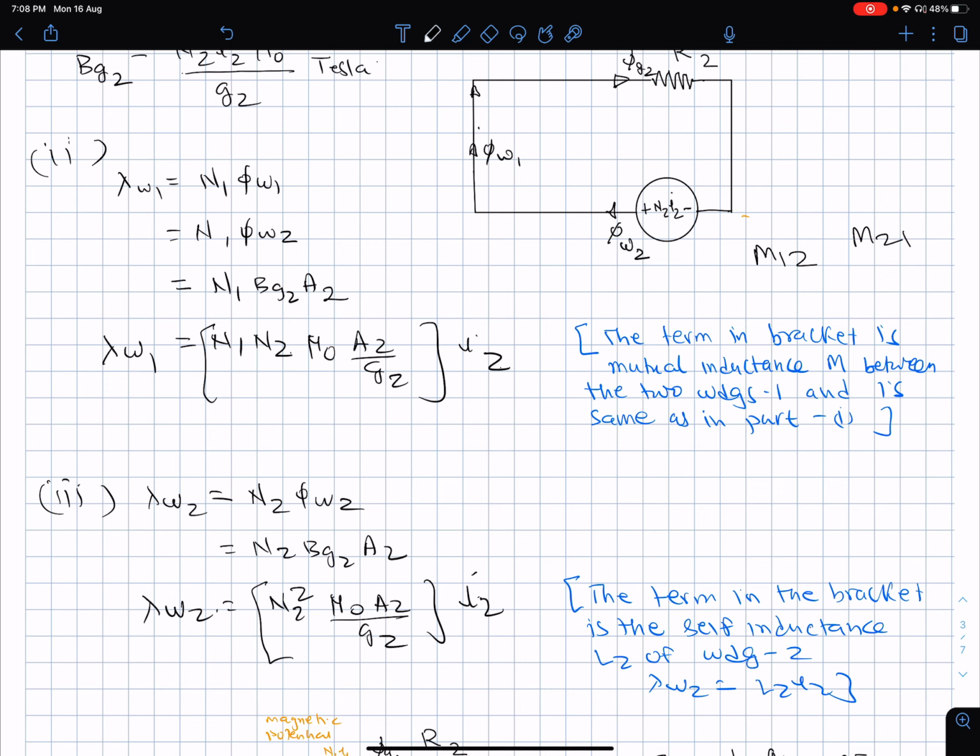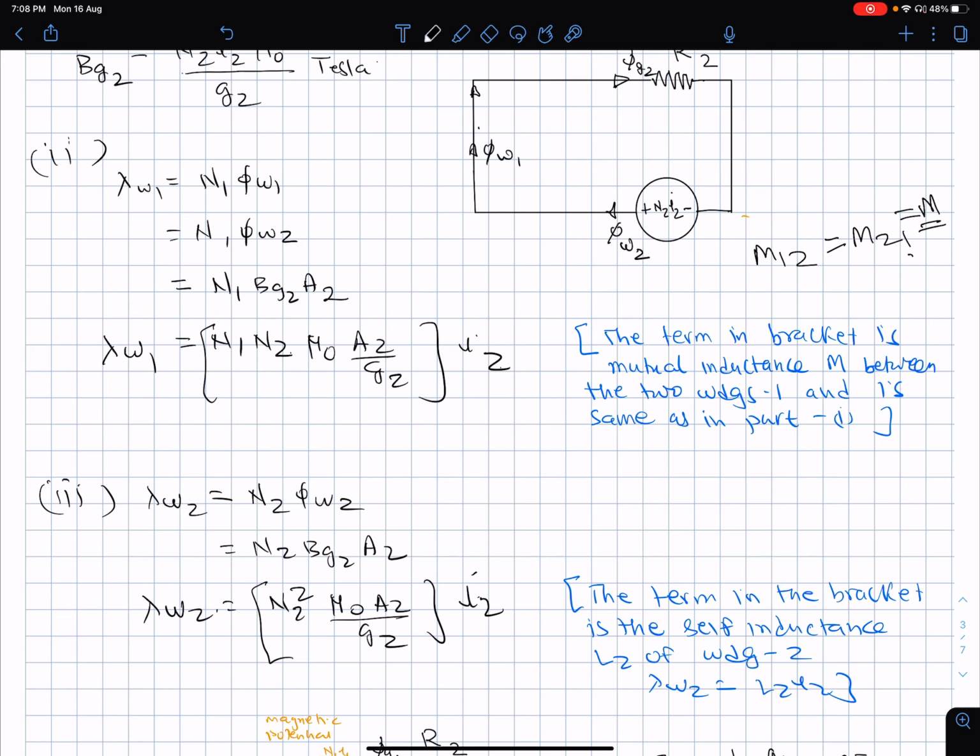In the first case, the cause is this current, creating flux in coil 2. Here the cause is current 2, creating flux in coil 1. Then both of them are equal. So when there are only two coils, we can write M12 equal to M21 is equal to M, because they turn out to be identical.